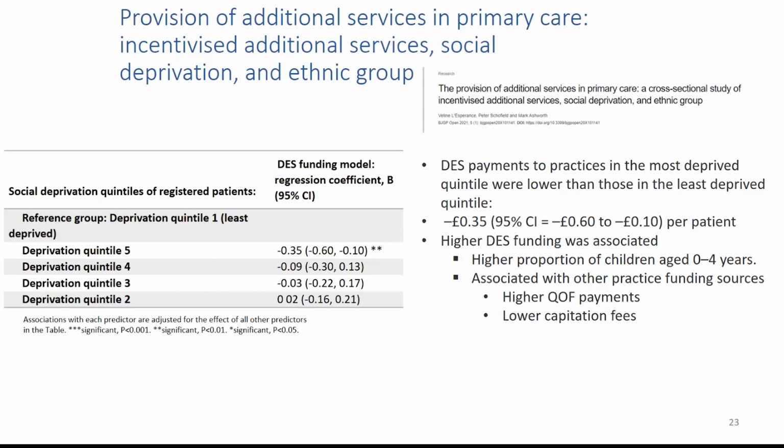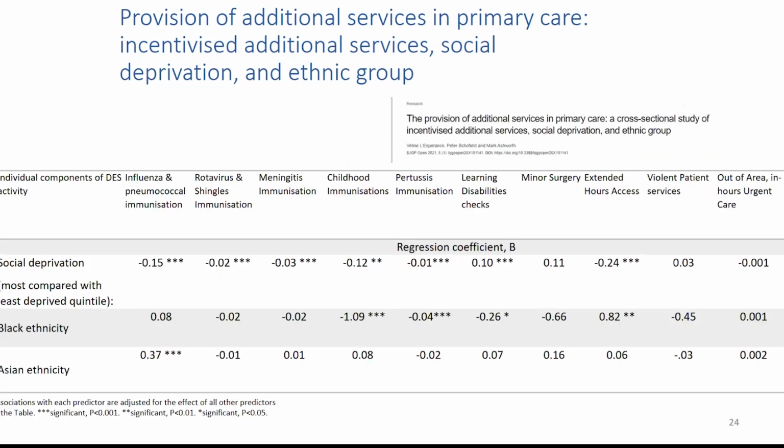And also interestingly, higher DES funding was associated with lower capitation fees. So is it that these practices are possibly trying to make up for the funding that they're not getting through the global sum? And also, if you have a younger population for some of the DES measures, then again, that could be influencing the capitation fee.